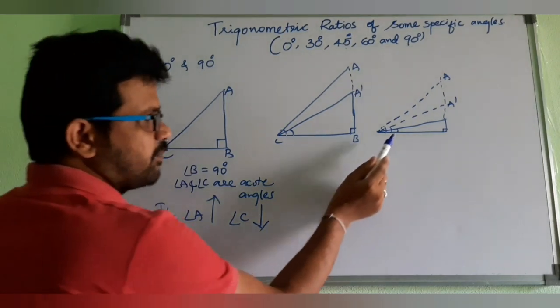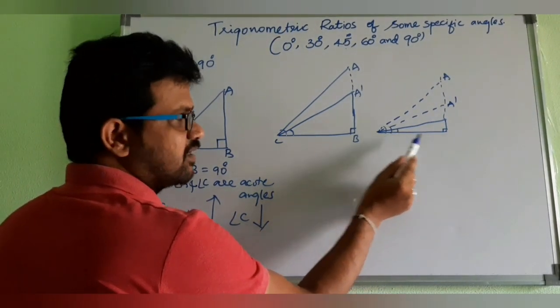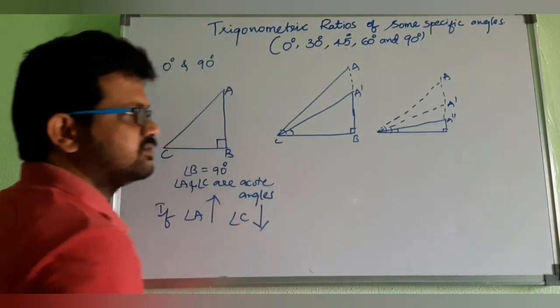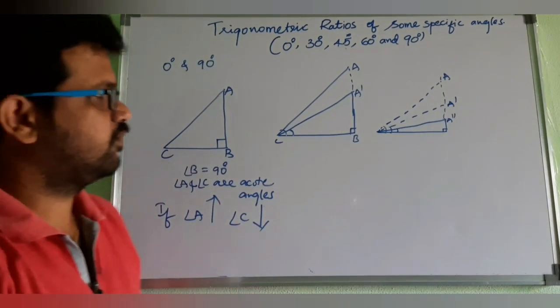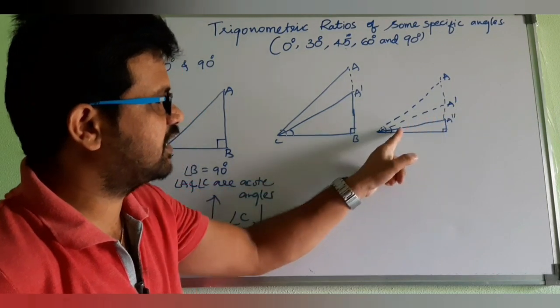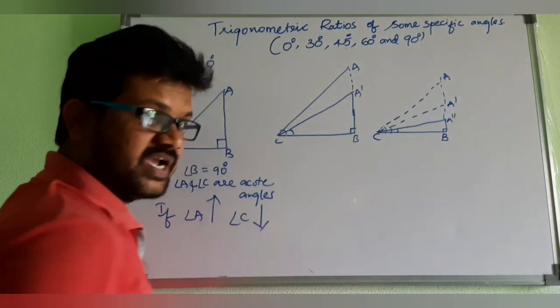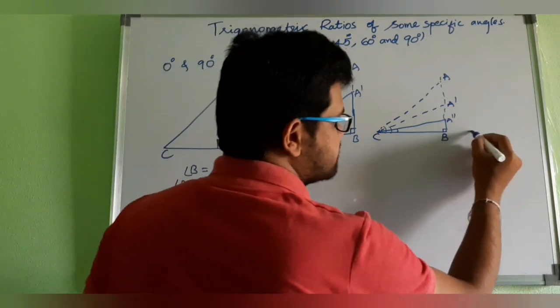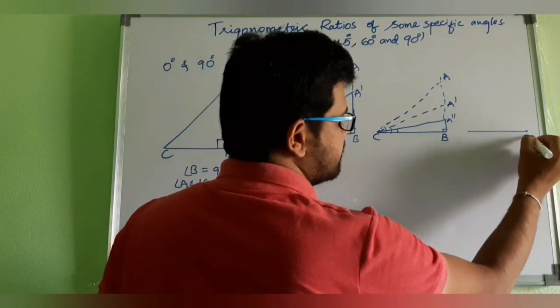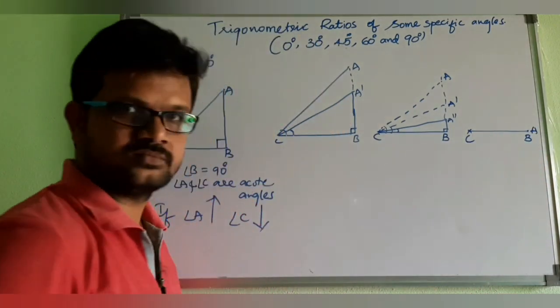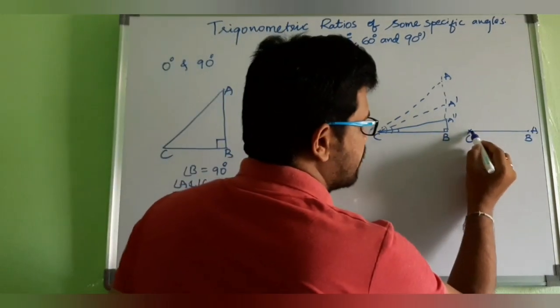In the third case, what happens? Angle C is decreasing, angle A is increasing. This is A double dash. See, while angle A is increasing, angle C is decreasing. So finally at one place, this is B and this is only A, and here C. For your understanding, I will write very closely like this.